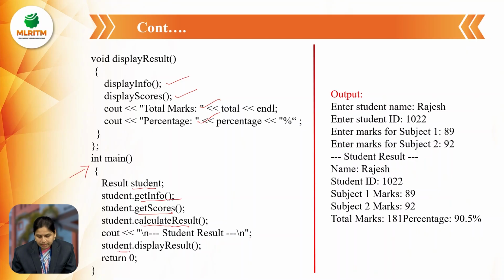So when we call the display result, it directly goes to this method. But in this method, we are calling the display information and display scores. Display information is present in the student information class and display scores is present in the test scores class.